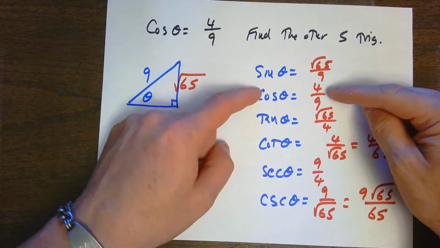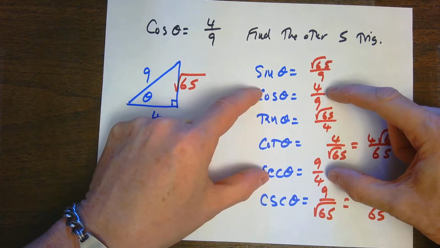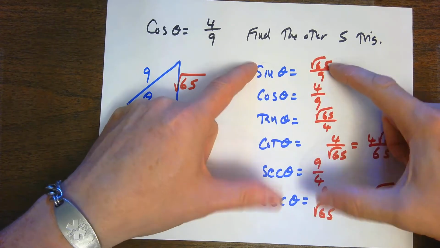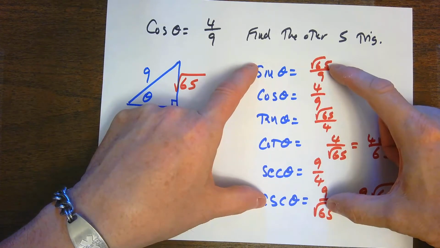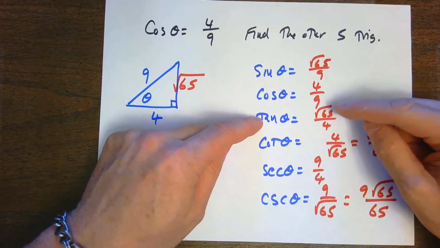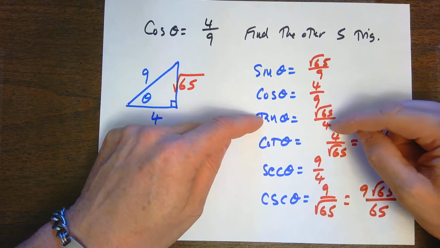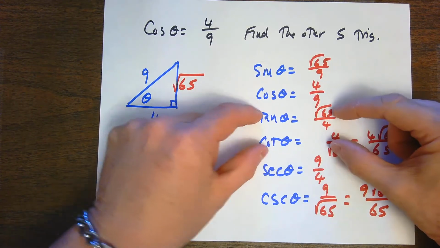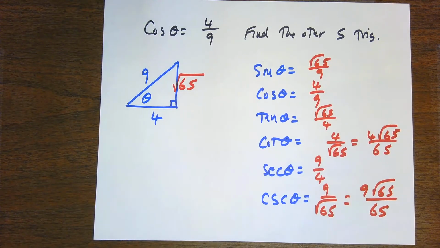If cosine is negative, secant would be negative as well. Sine in the second quadrant is positive, therefore cosecant is positive. Tangent is sine over cosine, which is positive over negative, so negative, therefore the cotangent would be negative as well.